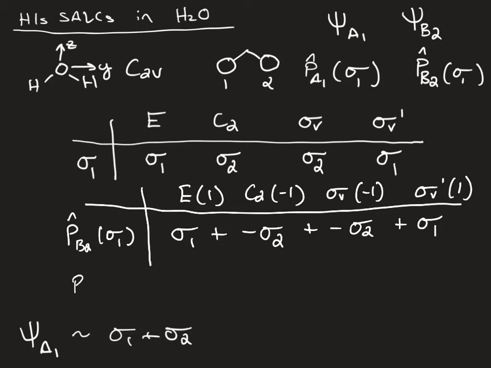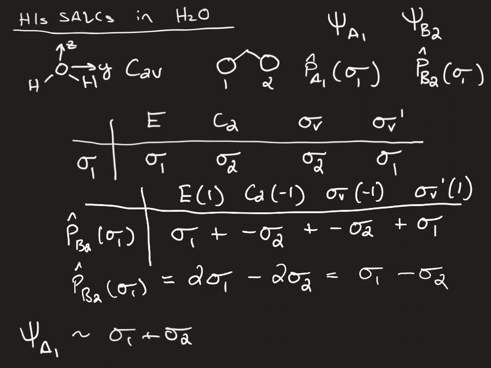So the projection of the B2 representation from sigma 1 is going to equal 2 sigma 1 minus 2 sigma 2, which is equal to sigma 1 minus sigma 2. So the B2 representation yields the wave function for the out-of-phase combination of the hydrogen 1s orbitals, sigma 1 minus sigma 2.